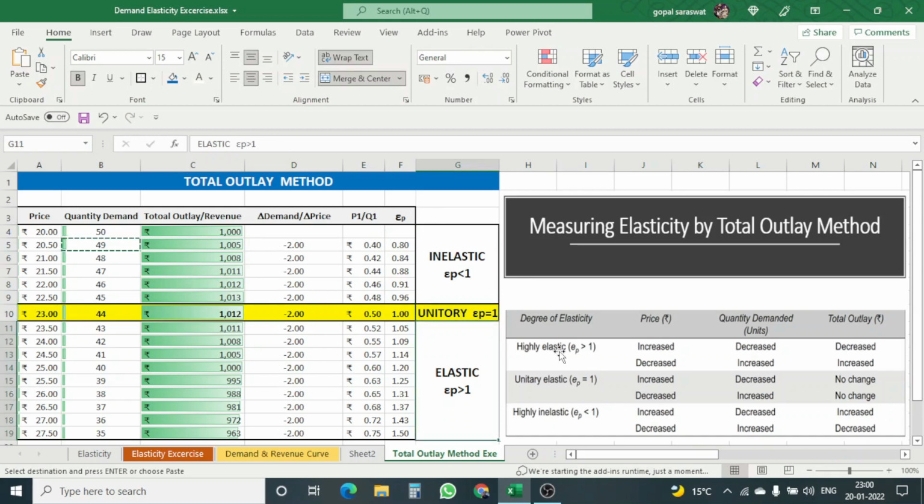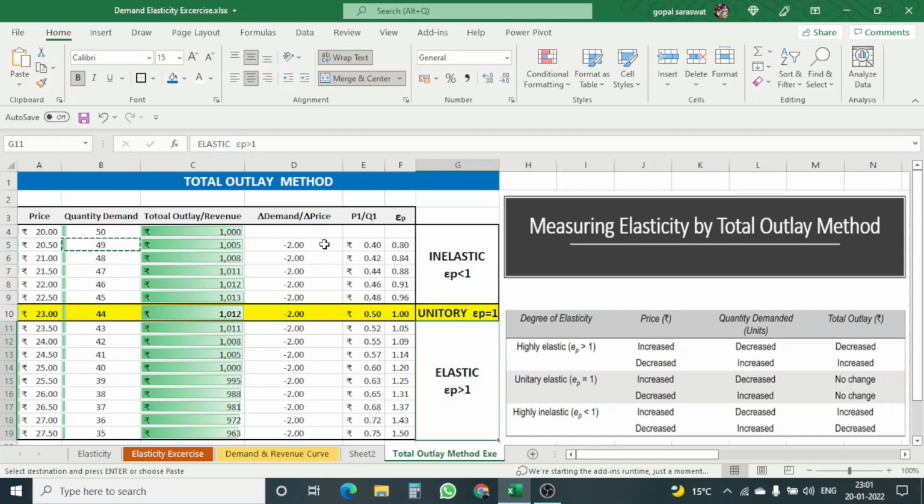But how are we going to find these three? How can I say that this is inelastic, this is unitary, and this is highly elastic? In my previous video, I told you how to calculate elasticity. Here we had already calculated this elasticity. The formula is simple: change in demand upon change in price multiplied by P1 upon Q1.